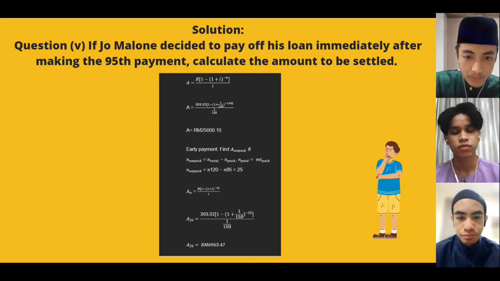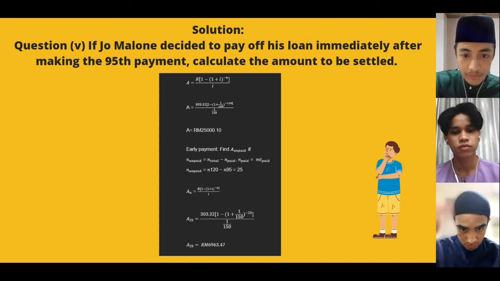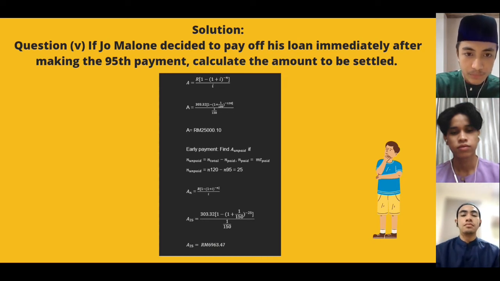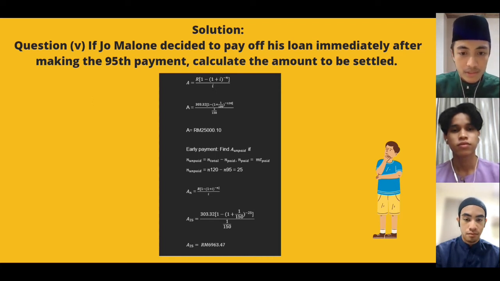We put all the numbers into the formula, which is A 25 months equals 303.32, bracket 1 minus bracket 1 plus 1 per 150, to the power of negative 25, which is the months he needs to pay because he wants to pay off his loan immediately after the 95th month, divided by 1 per 150, and we get the answer, which is 6,963 ringgit and 47 cents.